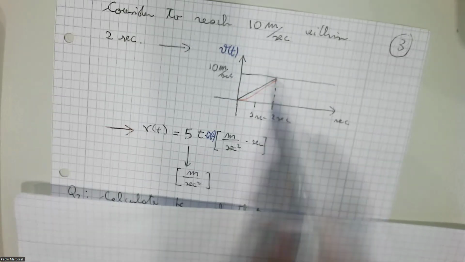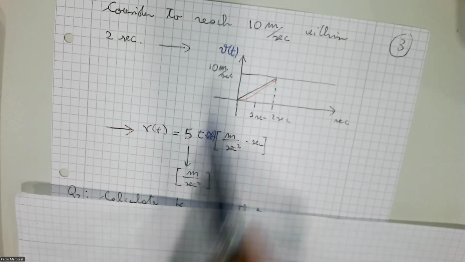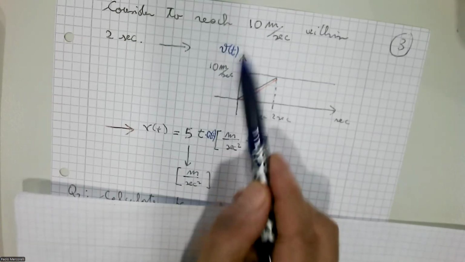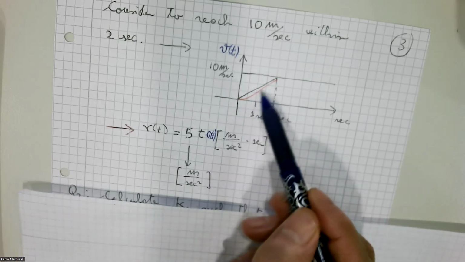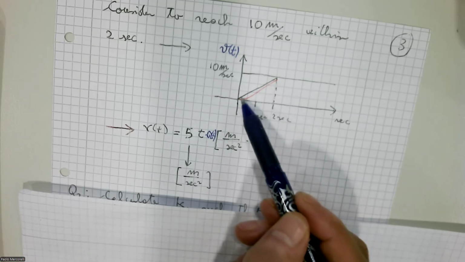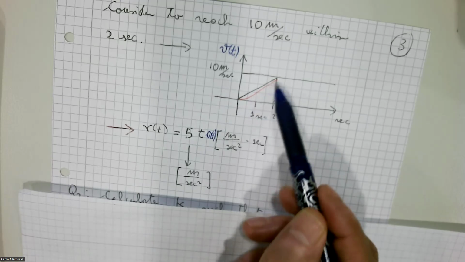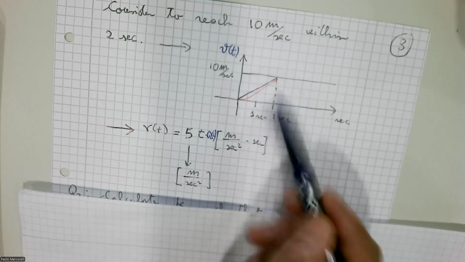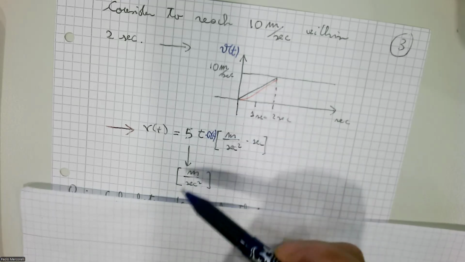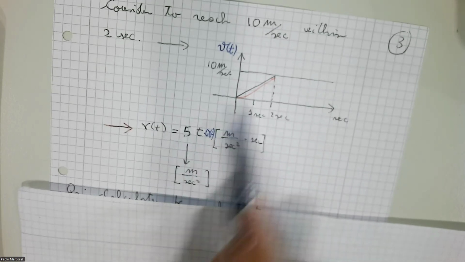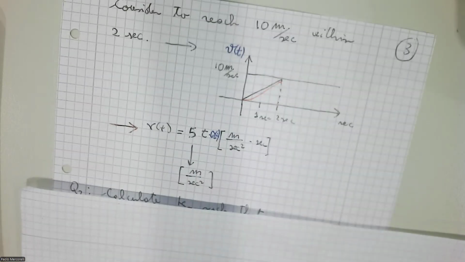V of t is exactly what we have in reality, something exponential, which for a small period of time can also be seen as a ramp. This is the reference.